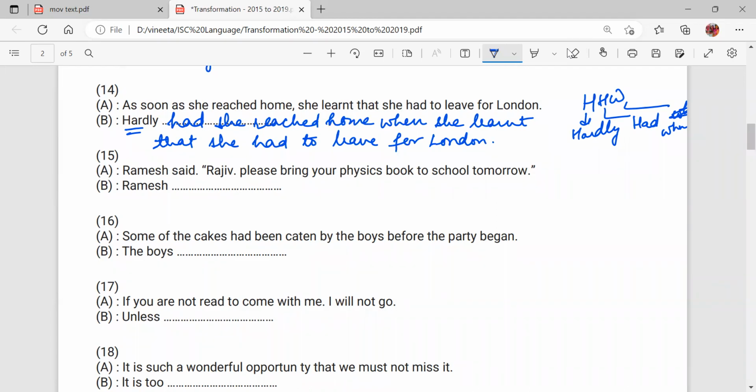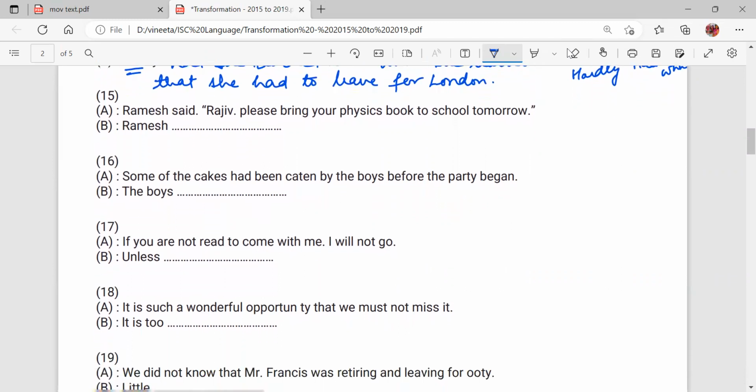Okay? Look at the next. Ramesh said, "Rajiv, please bring your physics book to school tomorrow." Okay, direct speech, it has to be changed into indirect. Ramesh told Rajiv, or rather not told, actually requested. See, it's an imperative here because it is beginning with "please".